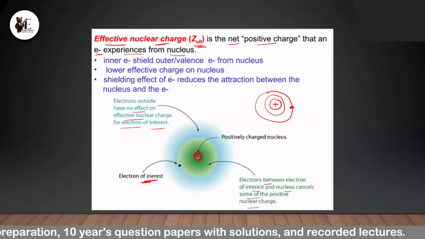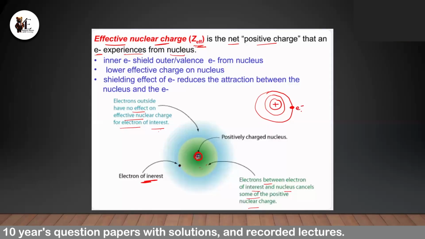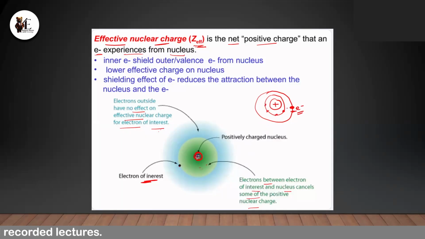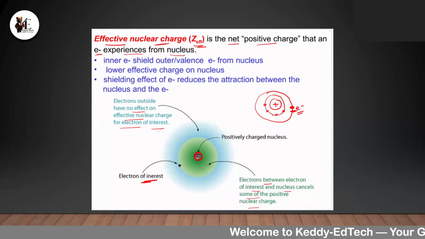If you want to calculate the effective nuclear charge on this electron, there are other electrons inside of it. These inner electrons steal the valence electron from the nucleus, so they lower the effective nuclear charge.